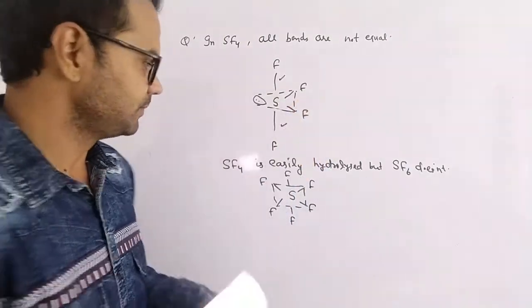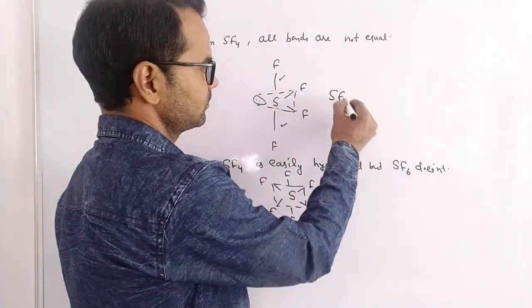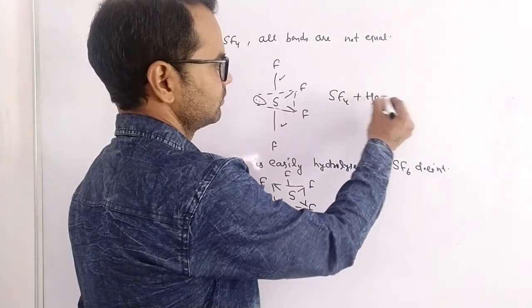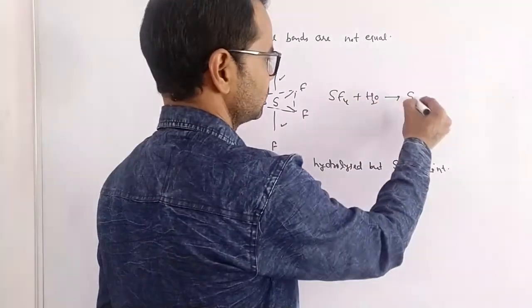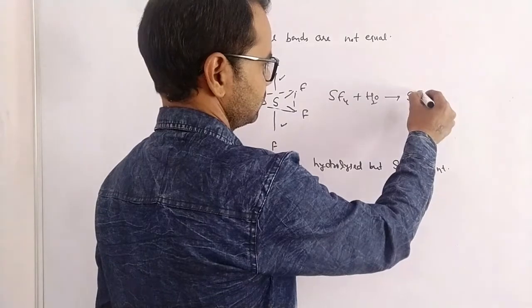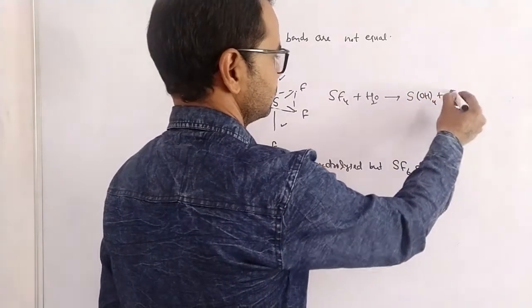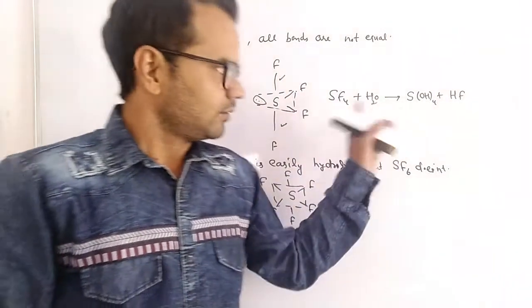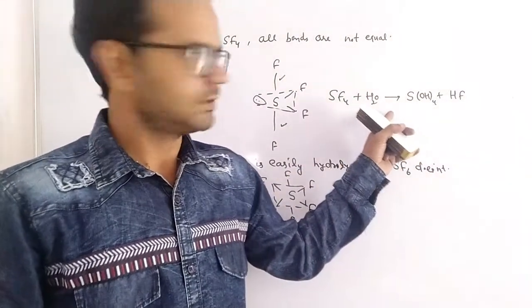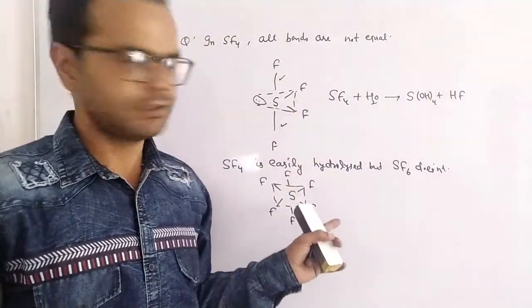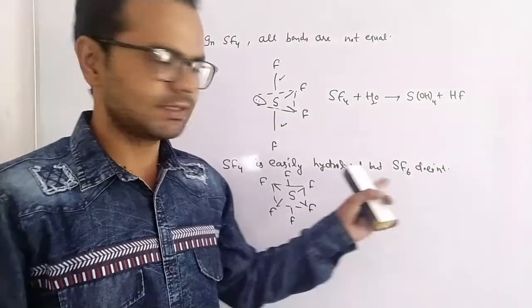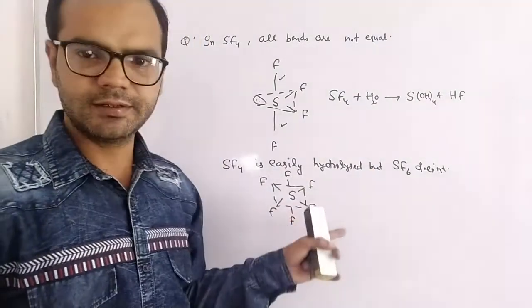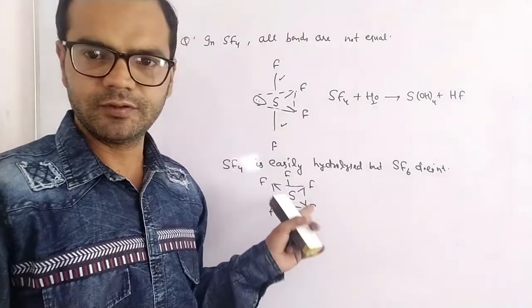So the reaction will be: SF4 is easily hydrolyzed, but SF6 will not react with water, it is never hydrolyzed, because it is chemically inert due to steric hindrance of sulfur by 6 fluorine atoms.